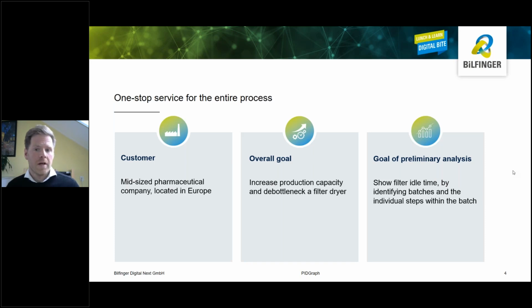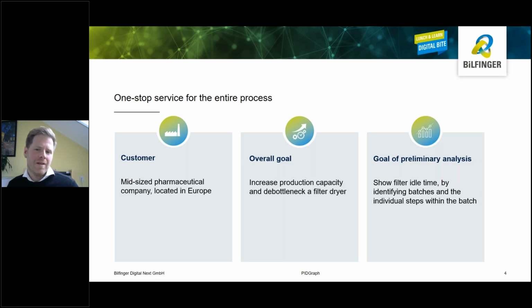So a pharmaceutical company contacted us. They were interested in increasing their production capacity, and they knew of our capabilities. Together with the help of our data scientists, the idea is to automatically identify the filter idle time and as such show the available spare capacity. However, to be able to do this, you need to write a script, and for that we need to know how you can identify a batch.